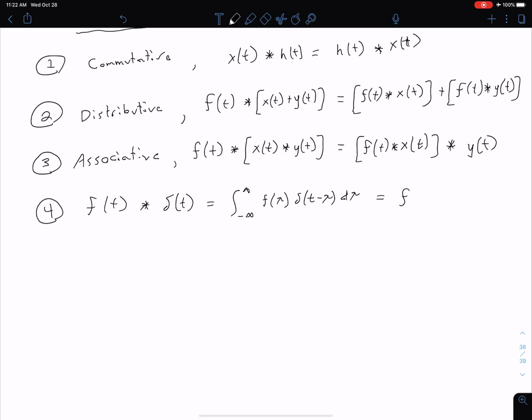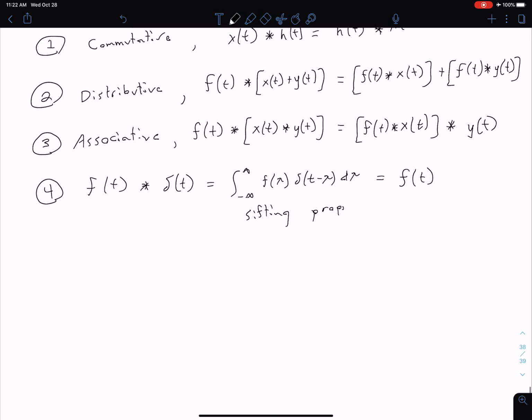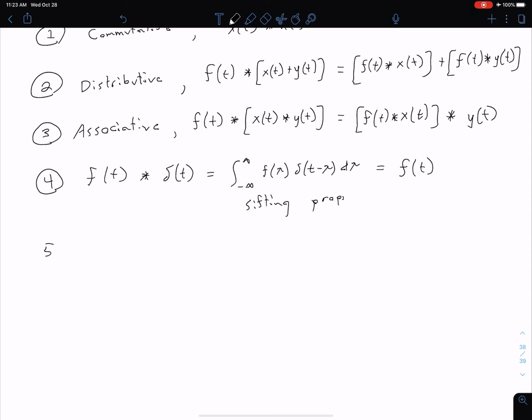So this is just going to equal f of t. Let me write down here, this is our sifting property.